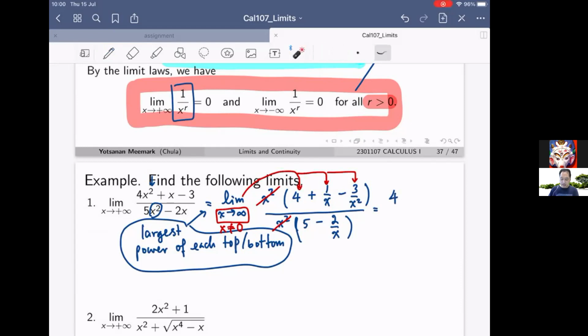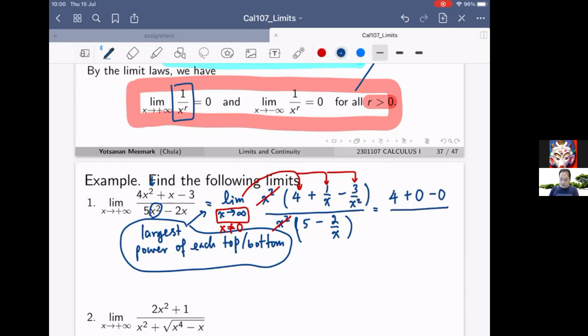And then here is 1 over x. So we can use the law that we just had, right? So it will go to what? 1 over a large number will go to 0. This one as well, it will be 3 over a pretty large number because it is a square, so it will be larger and larger. So it becomes 0 as well.